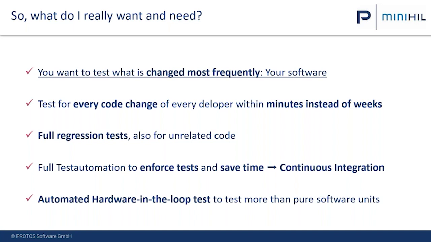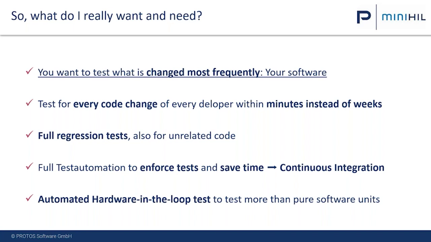In the end, what you need to enforce tests is continuous integration and full test automation, and you also save a lot of time by using continuous integration, especially if you have a distributed team, if a lot of developers are working on the same project or even on different projects, on different libraries and so on.